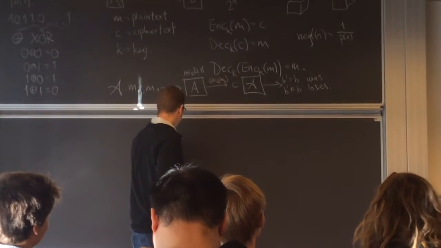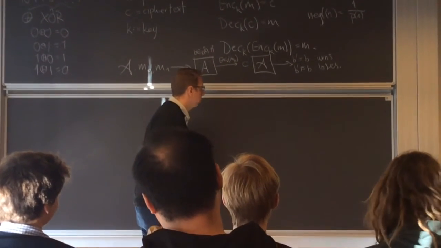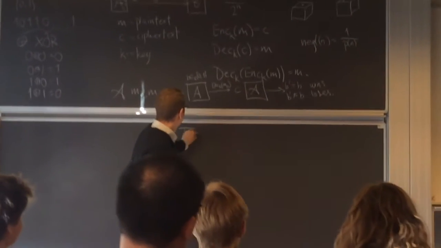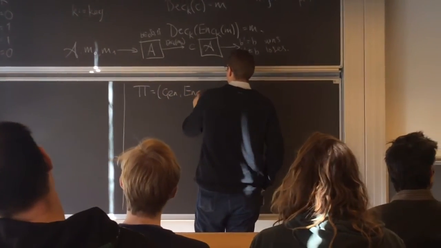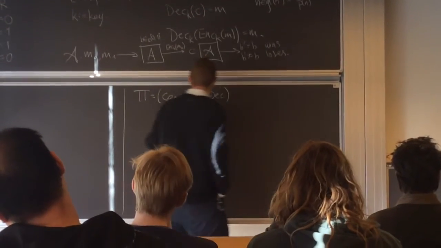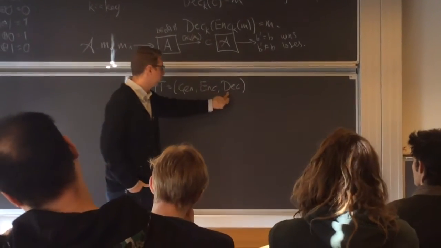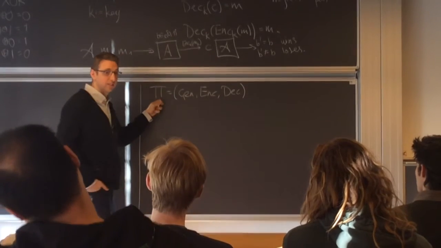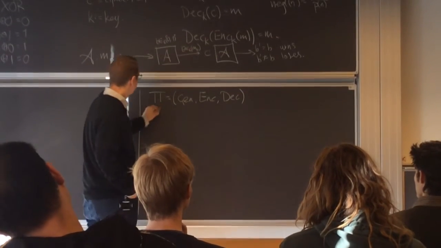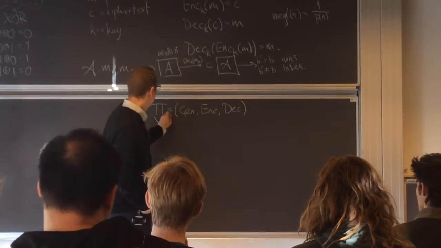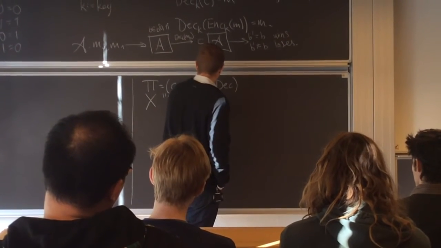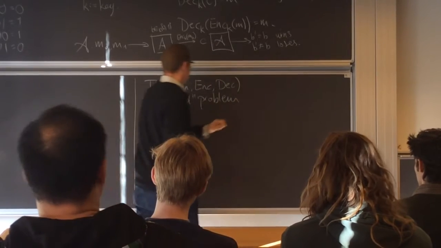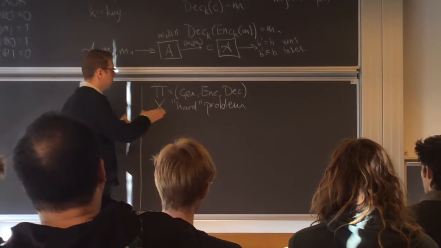So I'm going to draw a picture, because that's an easier way to do this. So we start by having some encryption thing. You know, we have a generator, we have encryption, we have decryption, and we want to prove that this is secure. How do we do that? Well, we take a problem X, which is hard, and then we kind of make a reduction. Let me just explain.